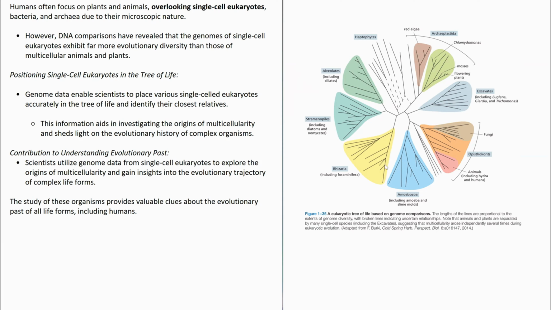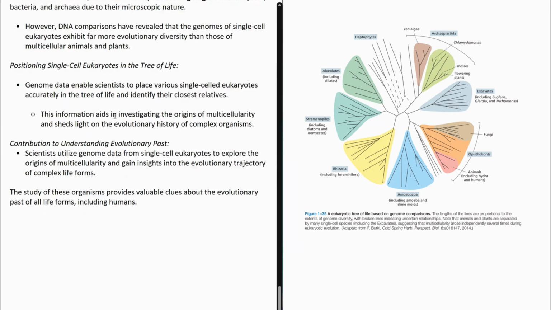There are so many different branches: amoebozoa, the foraminiferans, the diatoms and the oomycetes, the ciliates, and some algae lineages. Mosses and flowering plants extend into multicellularity. You have euglena and fungi, but flowering plants, fungi, and animals branch out very narrowly. So they're quite diverse if you were to position them.